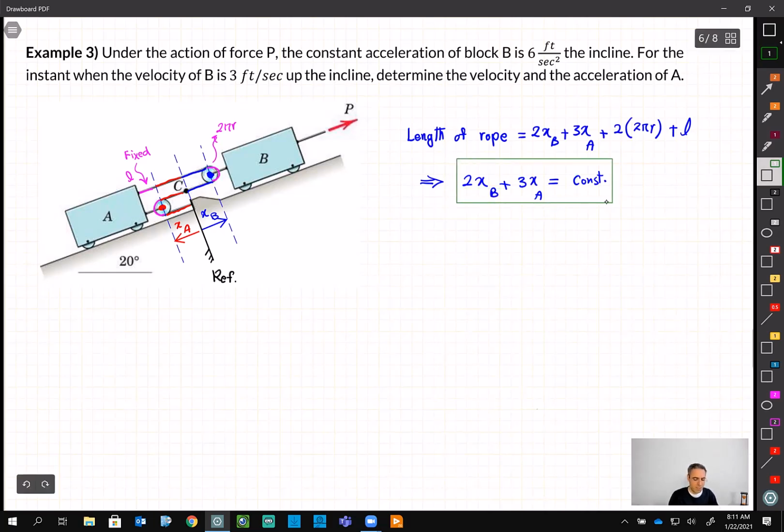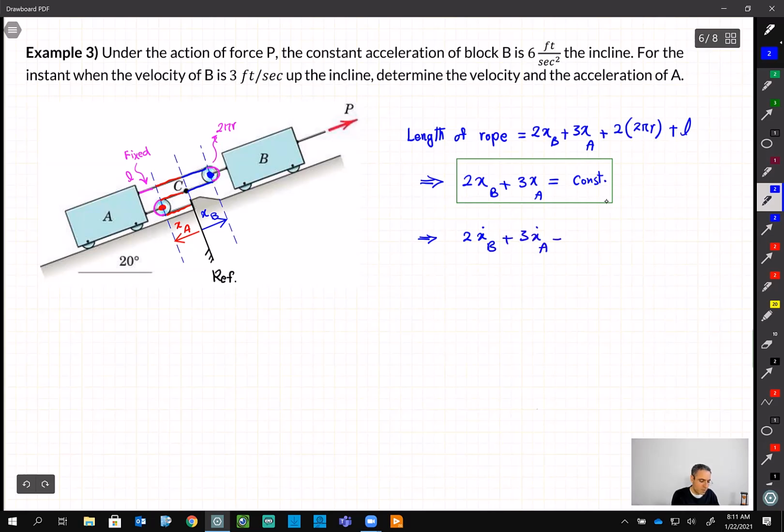The rest is just a simple derivative, which you know from math, right? If I take the derivative, then I can simply write down 2x dot b plus 3x dot a is equal to 0. So this is a relation between VB and VA.